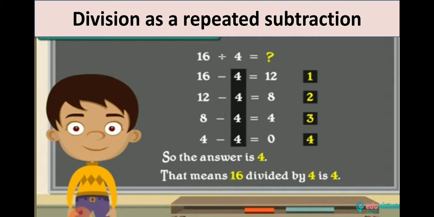This is the second time subtraction. Now again we subtract 4 from 8, then we get 4. This is the third time subtraction of the same number. And again we subtract 4 from the 4 that is remaining, and now we are left with 0. This is 4 times subtraction of the same number.